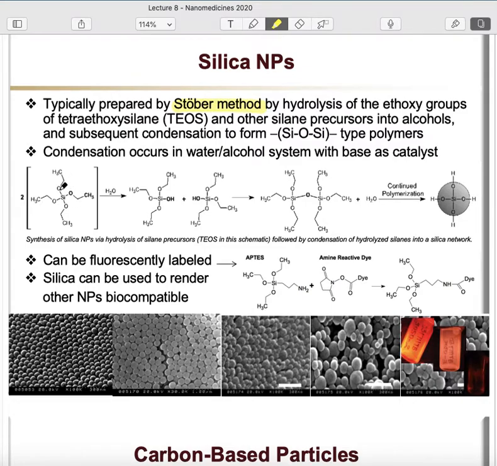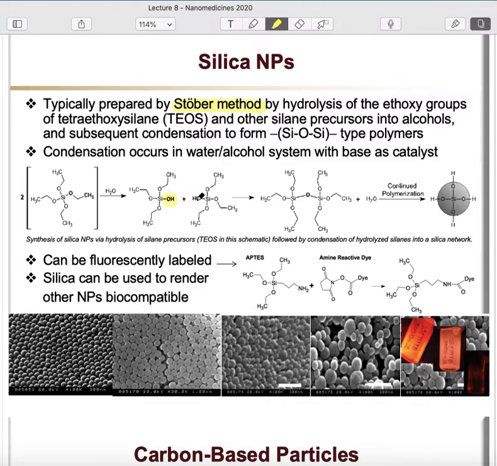You can see tetra meaning 4, ethoxy, that's this OCH2CH3, and then silane because the core has the silicon structure. And this molecule is hydrolyzed, basically leading to the formation of alcohols. In this particular case, it's showing one of the 4 ethoxysilane components coming off, leading to this alcohol.